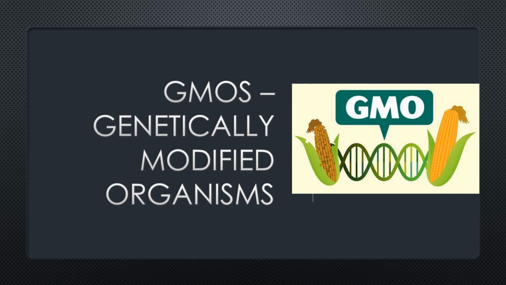What they often mean is genetically modified by techniques other than cross-pollination, in other words, extracting or inserting DNA using biotechnology instead of cross-pollination. It's pretty ambiguous, so when people say GMOs, they may mean one or both.